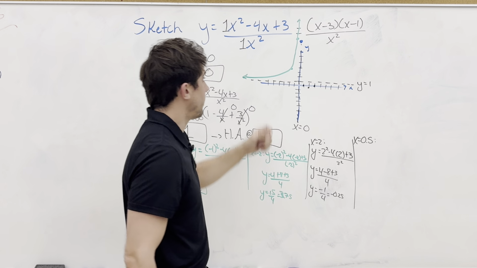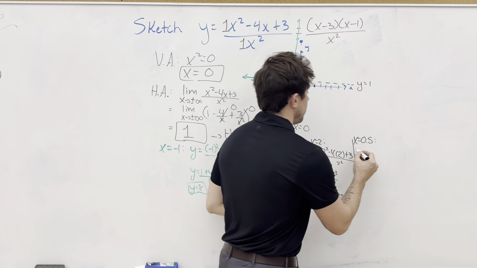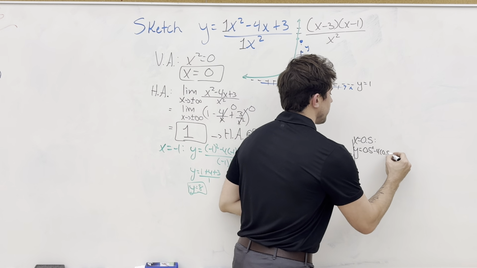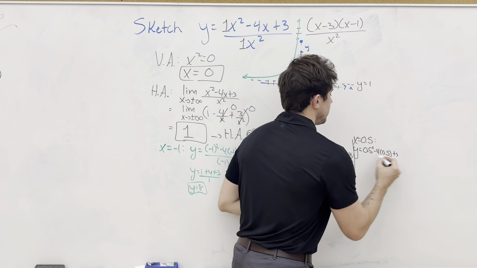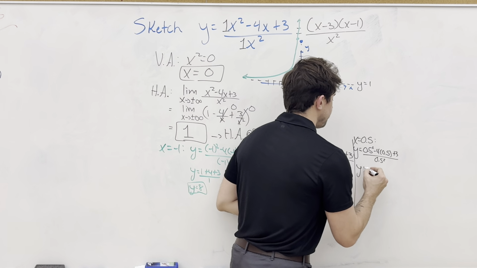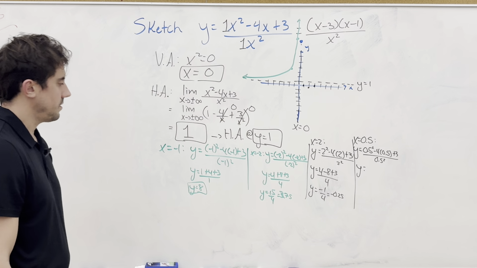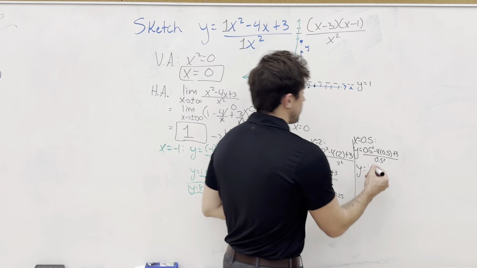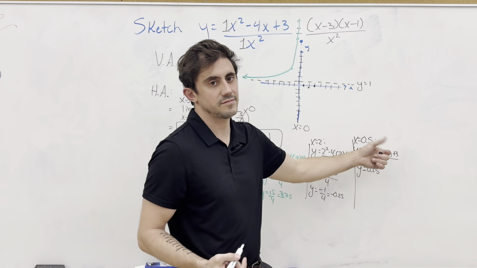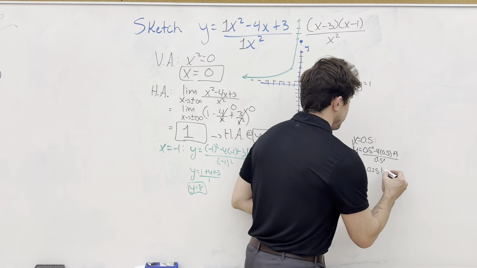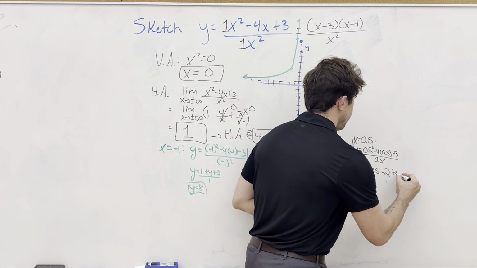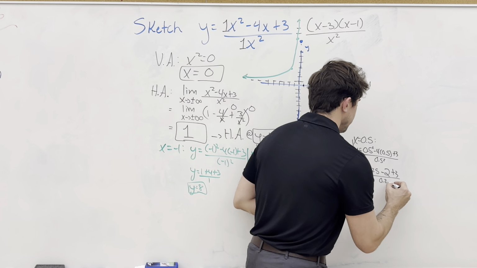If x is 0.5, let's compute the y-coordinate. Y is going to be 0.5 squared minus 4 times 0.5 plus 3 all over 0.5 squared, right? And so 0.5 squared, that's 0.25, minus 4 times 0.5, that's 2, minus 2 rather, all over again 0.25.